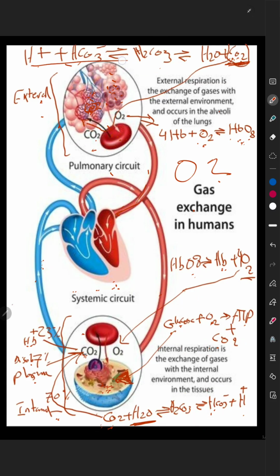So we can say we have two reactions for the transfer of the carbon dioxide. When the carbon dioxide binds with the water, it happens in the capillary surrounding the body cell. While when the carbon dioxide is released as a product, the HCO3 breaks down again to carbonic acid, and then the carbonic acid to H2O and CO2. When the CO2 is a product, it means we are in the capillary near the alveoli or near the lung.